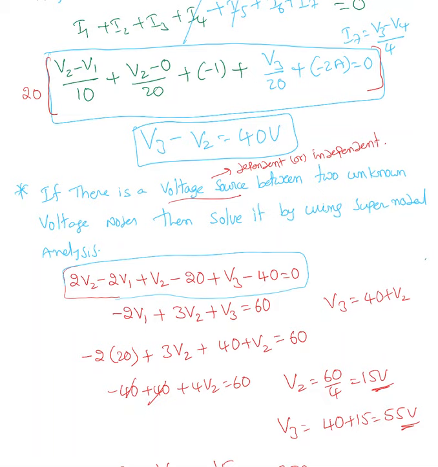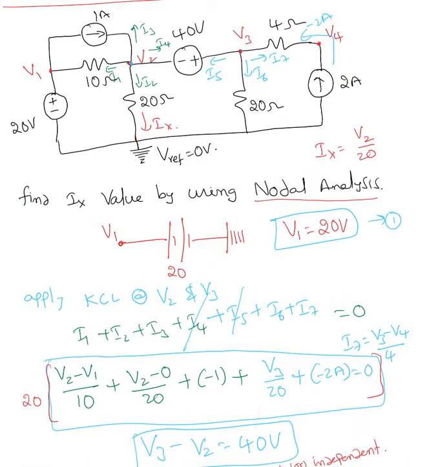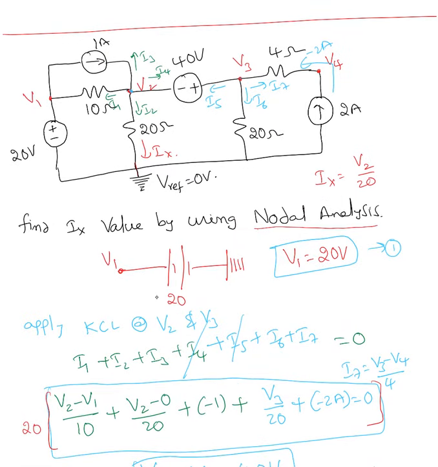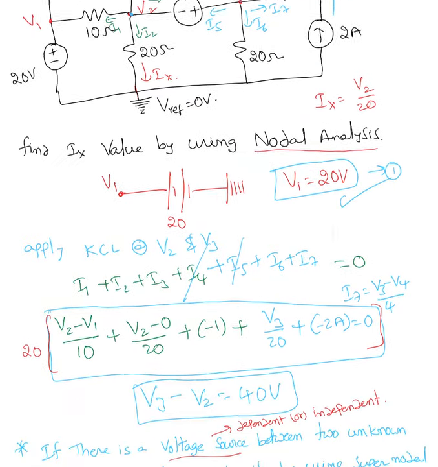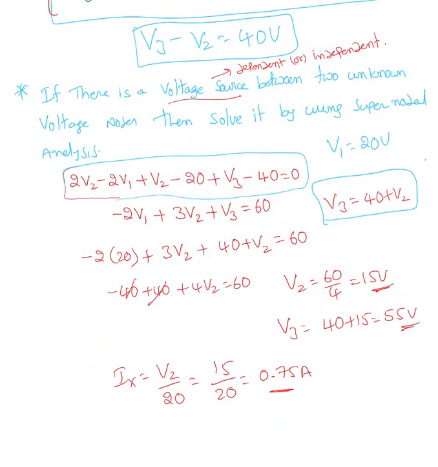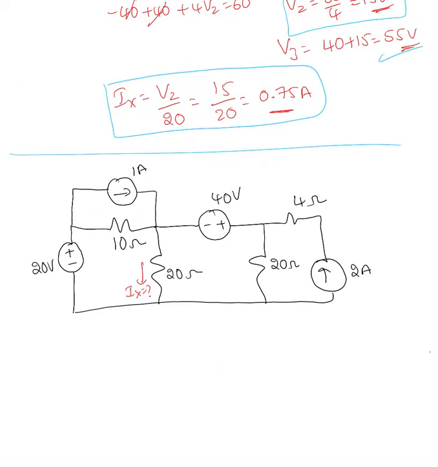Again, I substituted V3 equals 40 plus V2 in this equation, and at the same time we found V1 equals 20 volts. Once I substituted everything, I end up with V2 equals 15 volts. I found V3 also, which is not needed. Our goal is finding Ix. Ix equals 15 divided by 20, which is 0.75 amperes.